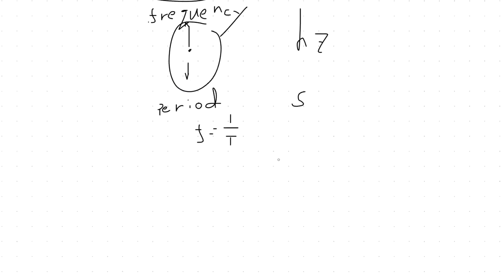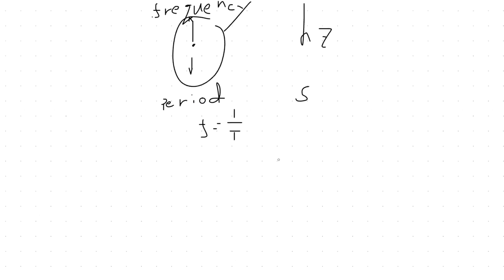So the general formula for the speed of the wave is velocity equals frequency times wavelength, right? And if you think about it, it is kind of intuitive.